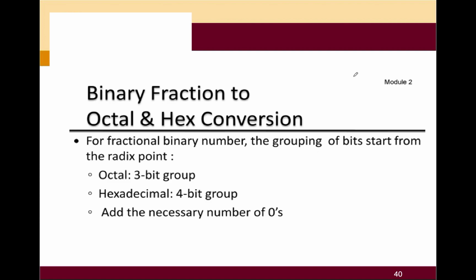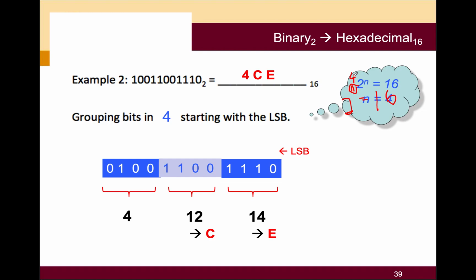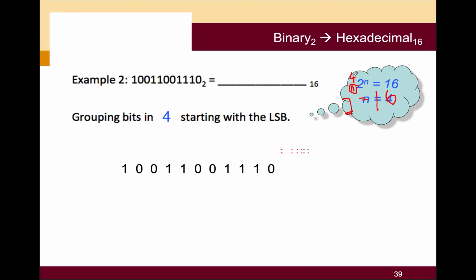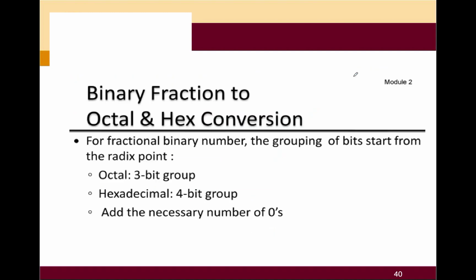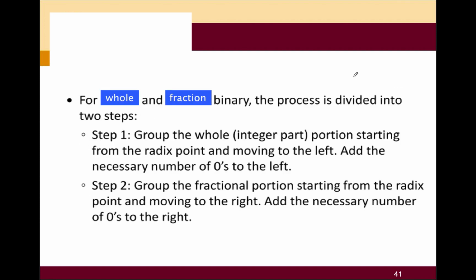If you have a whole number, you will convert it directly using this method and step. And if you have a fraction, how will it be? It is quite similar, you also have to group the numbers, but what else? For the whole and fraction binary, the process is divided into 2 steps.